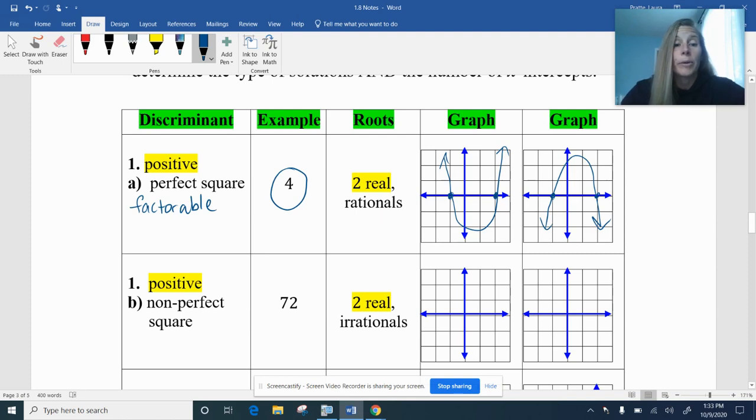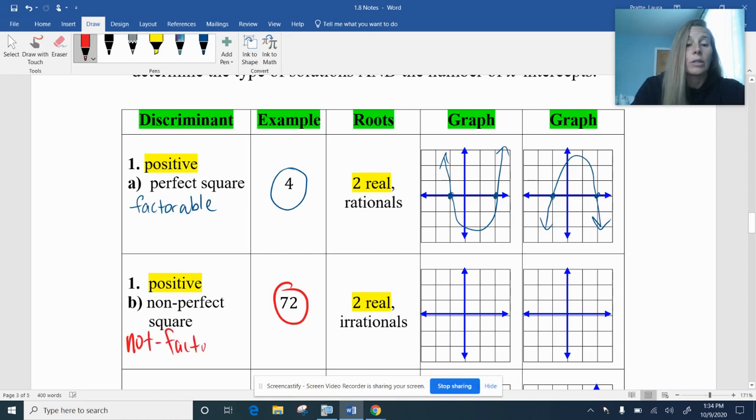Now, we can also get a positive discriminant that's not a perfect square, like 72, for example, and this would mean that it would not be factorable if you were looking at the equation in standard form. It's still going to have two x-intercepts on the graph, but it's going to cross at kind of random spots.